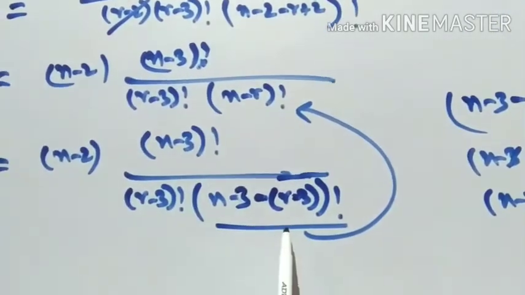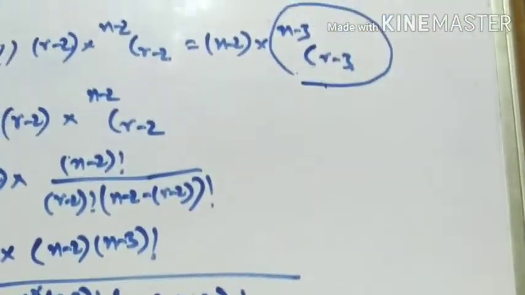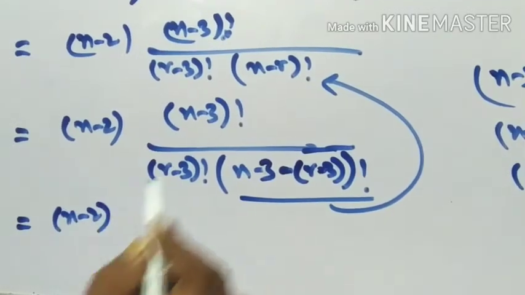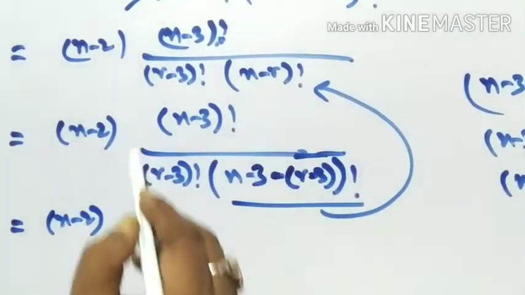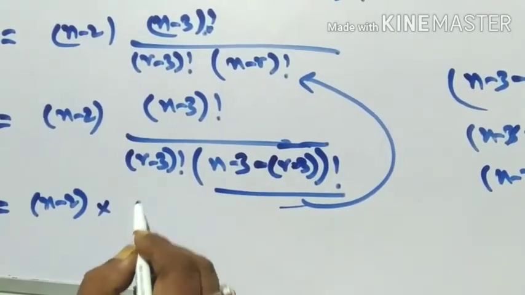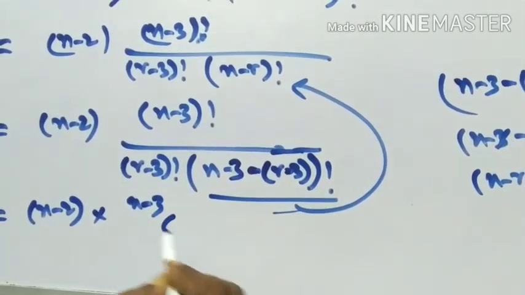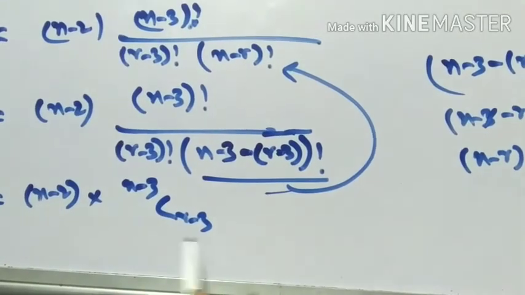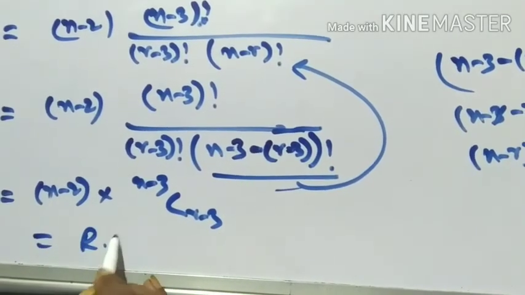This is the slight arrangement I have to make in order to bring this. So n minus 2 and this whole part will become (n minus 3)C(r minus 3). This is equal to the right hand side.